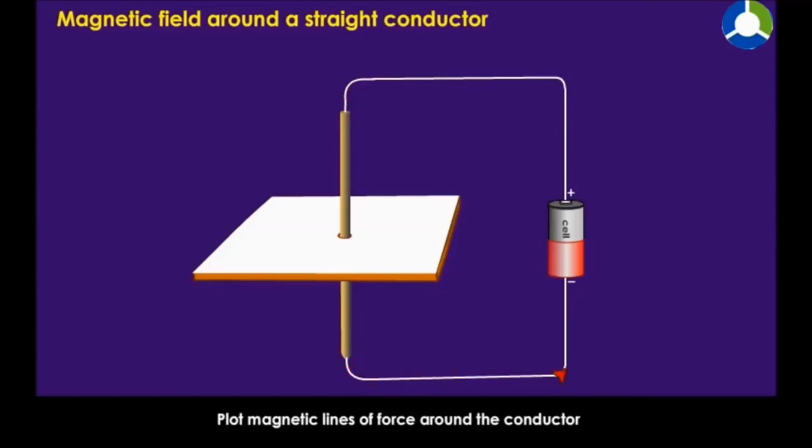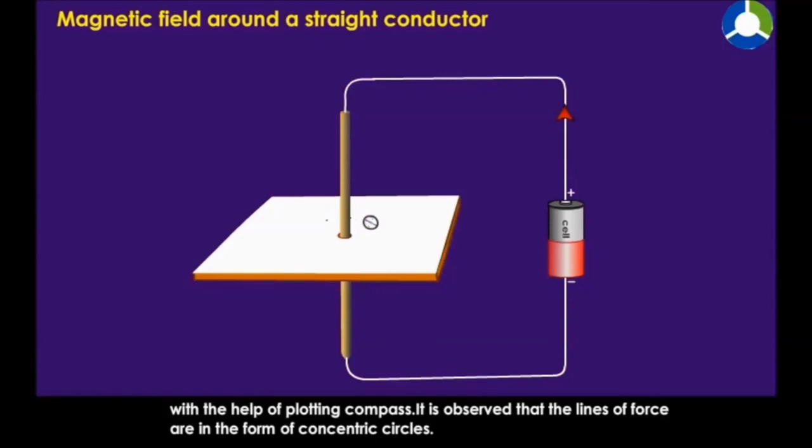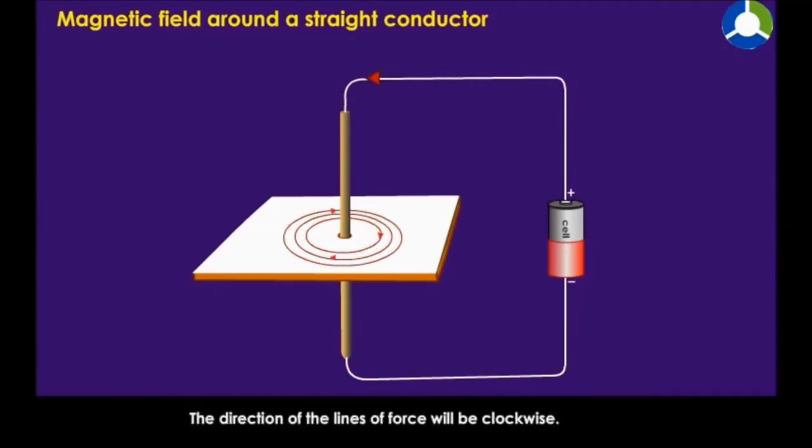Plot magnetic lines of force around the conductor with the help of a plotting compass. It is observed that the lines of force are in the form of concentric circles. The direction of the lines of force will be clockwise.